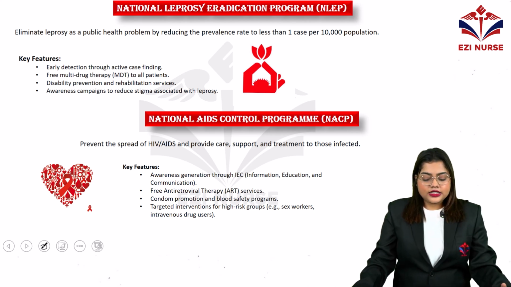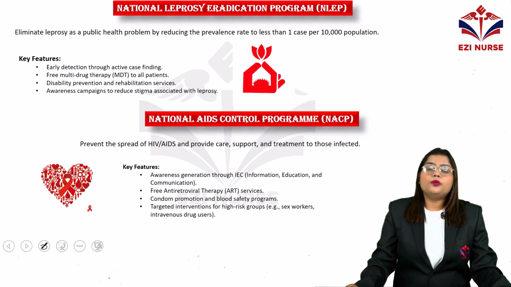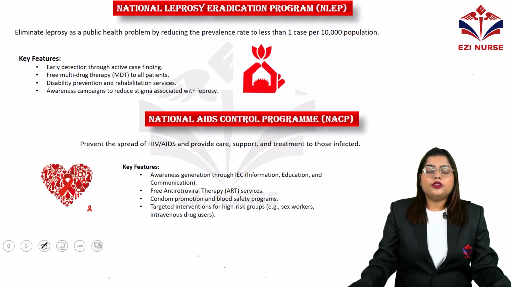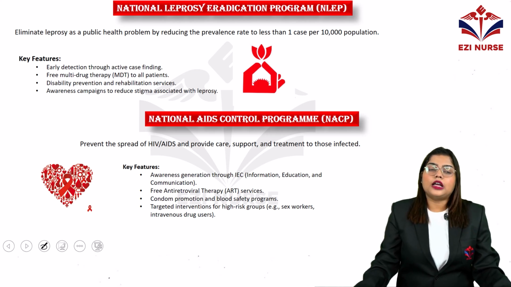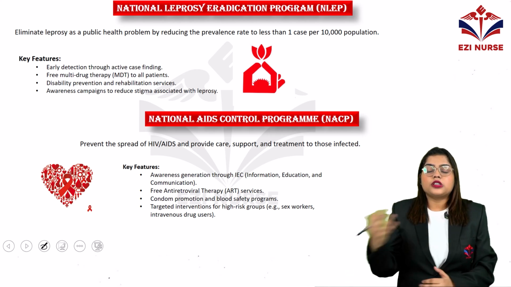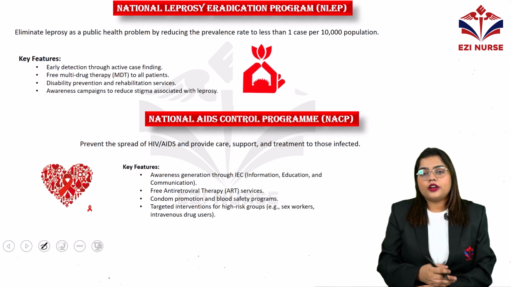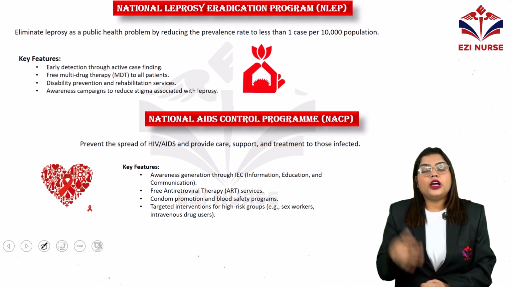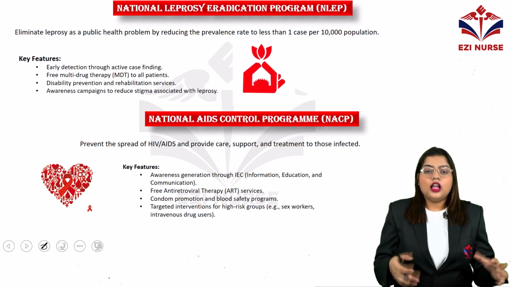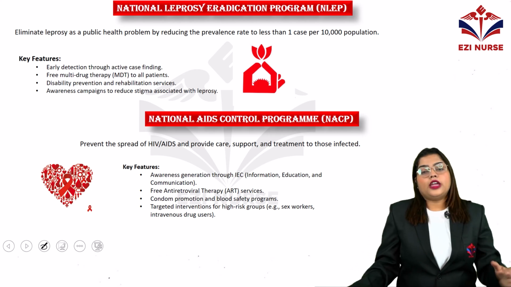National AIDS Control Program. As we know, HIV is transmitted through sexual contact mostly, but other than that also, if someone comes into contact with the body fluid of an HIV AIDS patient, then there is a high chance of getting AIDS.